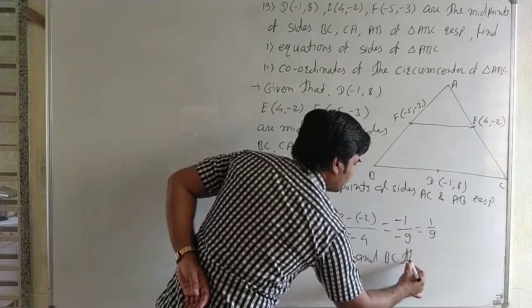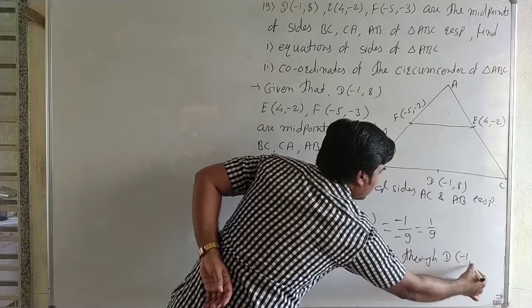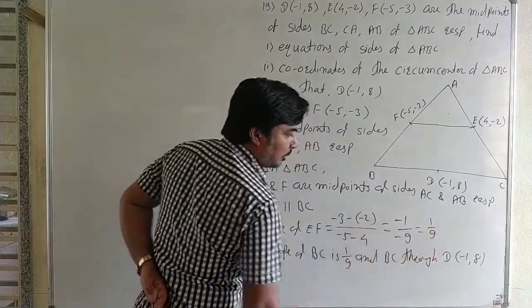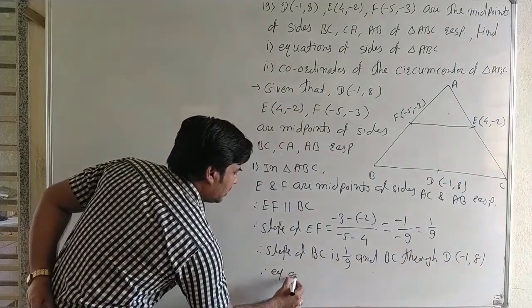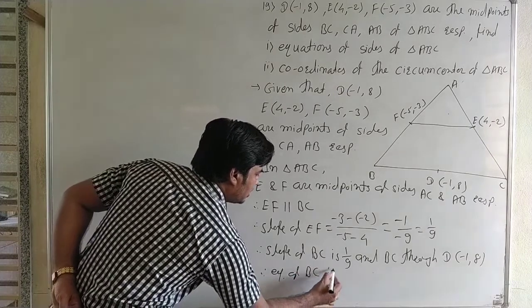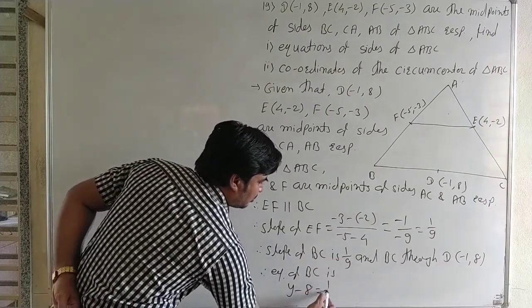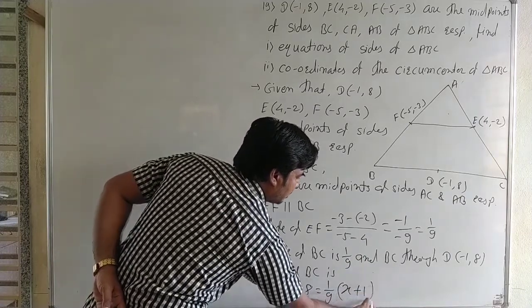Slope of BC is 1 by 9 and BC passes through point D(1, -8). Then we know the slope of BC and a point on BC. Therefore, the equation of BC is y minus y1 is equal to slope into x minus x1. Now we calculate this.